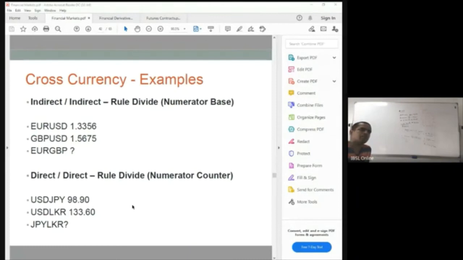Now you have been given euro dollar and sterling dollar. Can you calculate euro sterling?